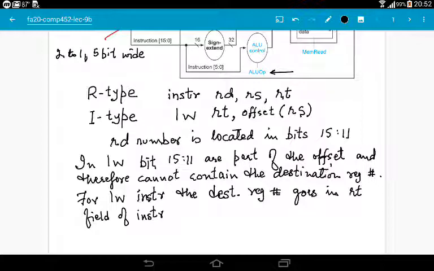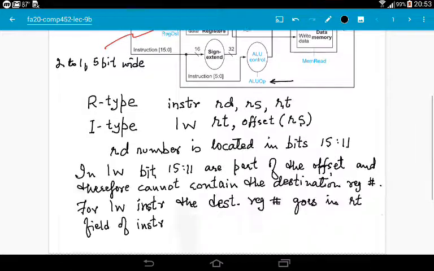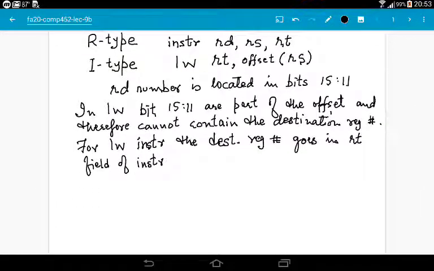Actually, this RT field of the instruction is also the destination register number for add I, subtract I, AND I, OR I, NOR I, SLTI, and all the I variants of R-type instructions. So that is the use of this multiplexer. It is not just limited to load word instructions, but all I variants of R-type instructions also use this multiplexer.